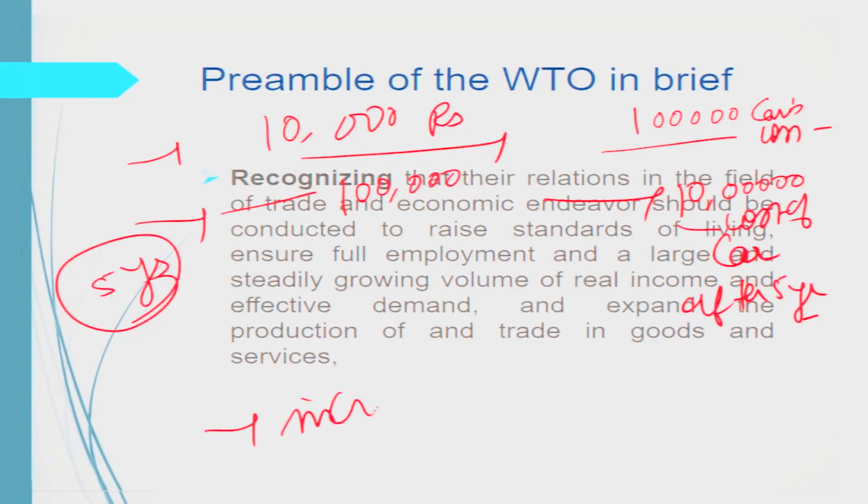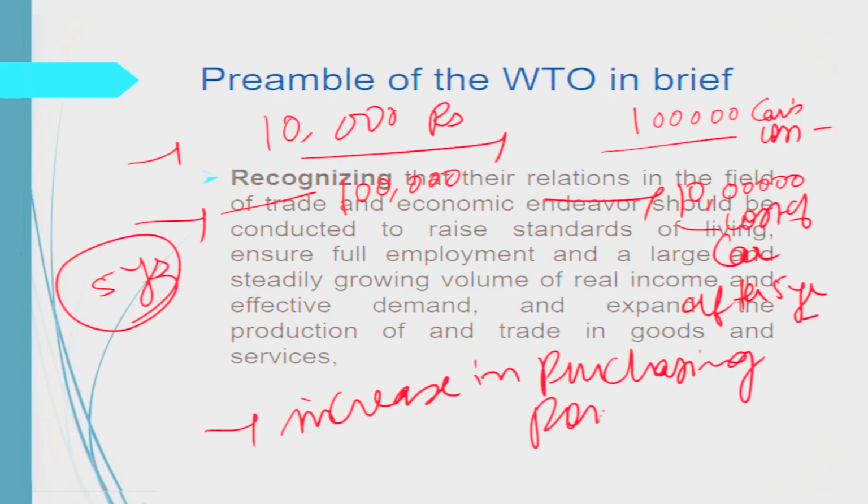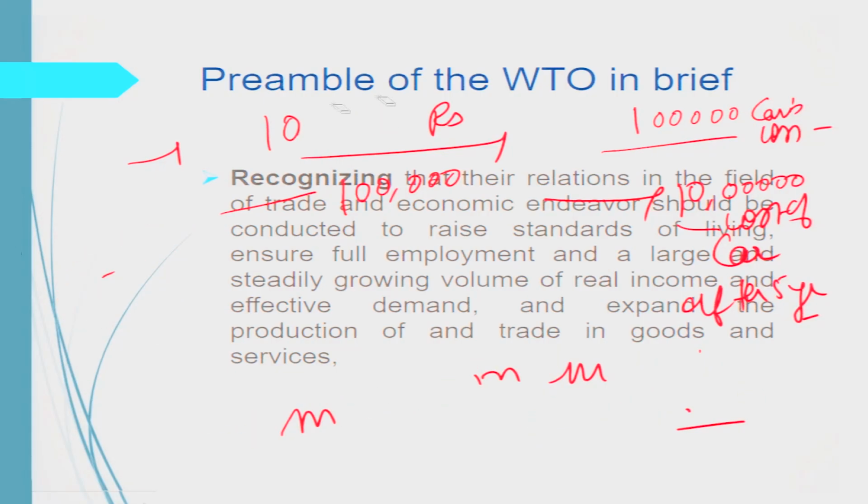Real income means an increase in purchasing power capacity. How is that possible?